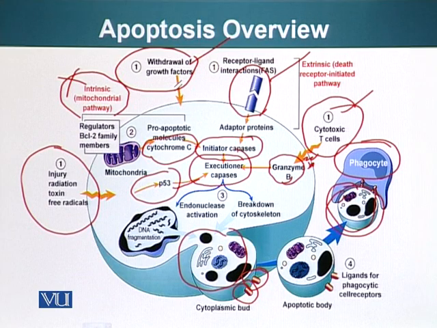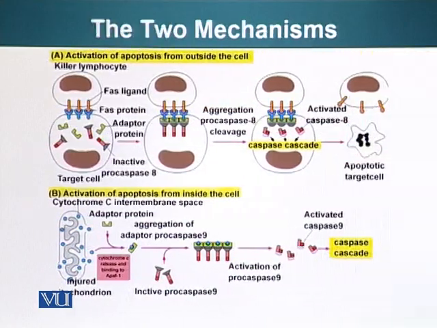Now let's look at how the caspases are activated. There are two mechanisms for activation of caspases that we already mentioned when we were talking about T cells. Now let's look at them in more detail. One is a T cell killer lymphocyte expressing Fas ligand, which binds the Fas protein on the surface of the target cell.